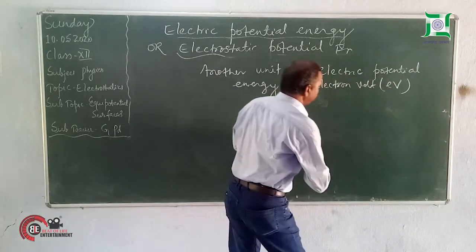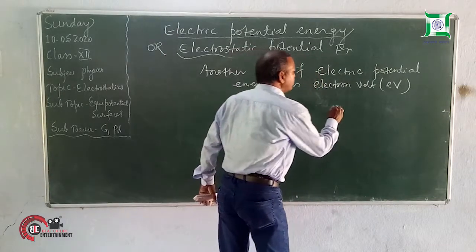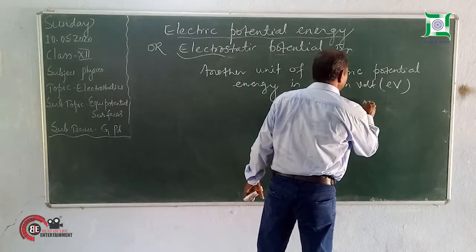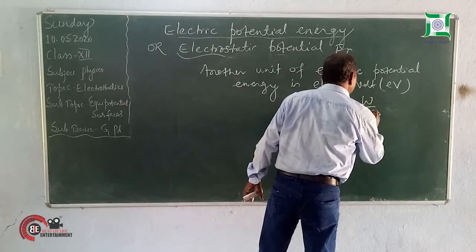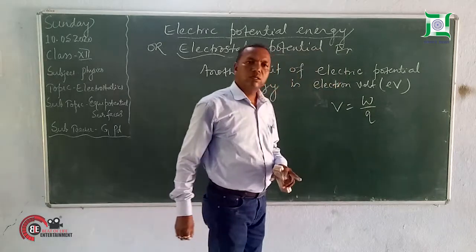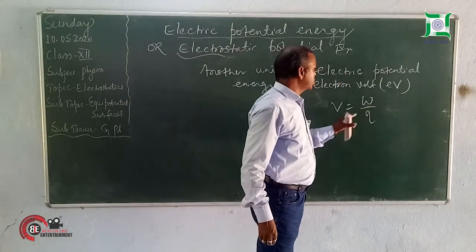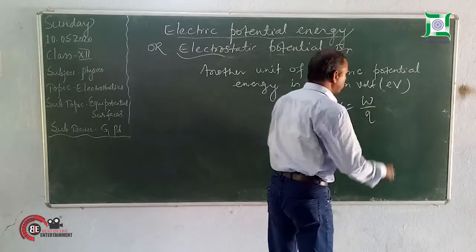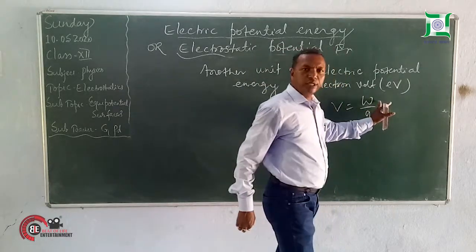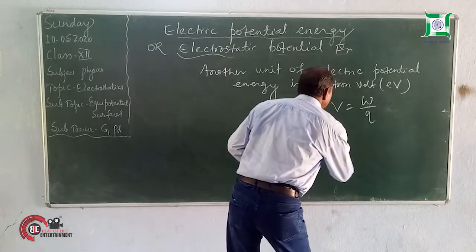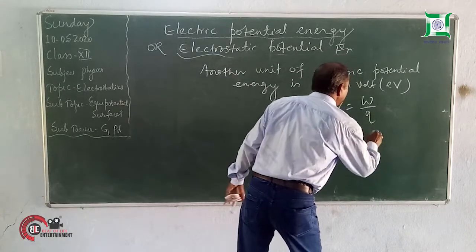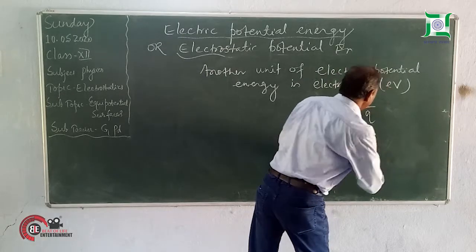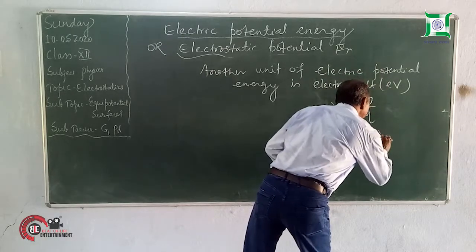Since electric potential V is defined as work done in moving a unit positive charge, V is equal to W by Q. This work is also equivalent to energy, so we can write W is equal to QV.